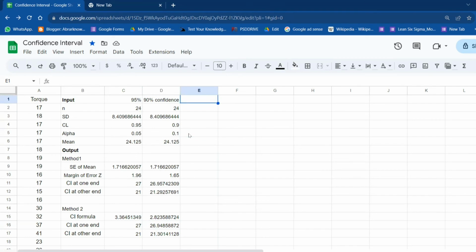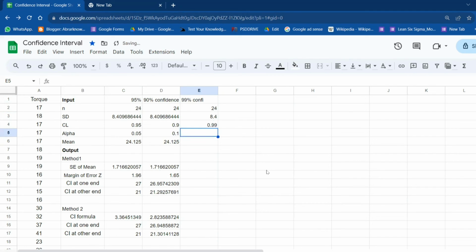Similarly, what if we are having low confidence? Let's say, no, furthermore we can go to it. Let's say 99% confidence we can go, right? And once again, it is going to be 24 and 8.40, and the confidence interval will be 99, right?